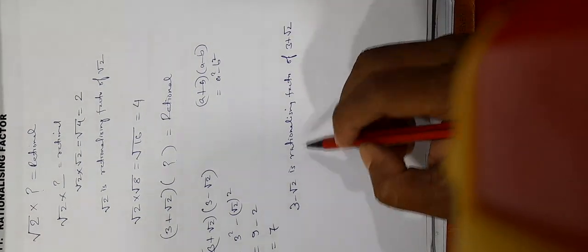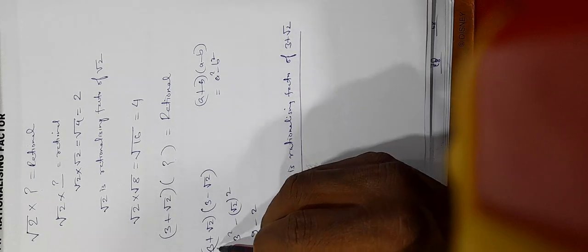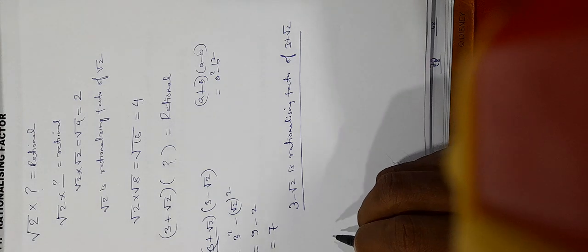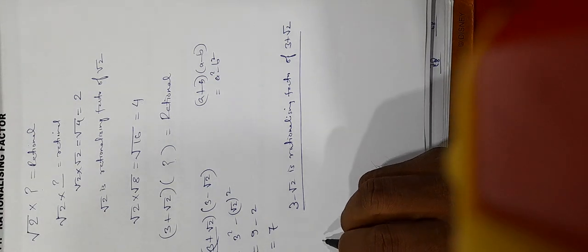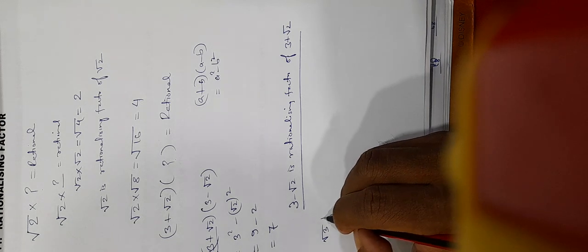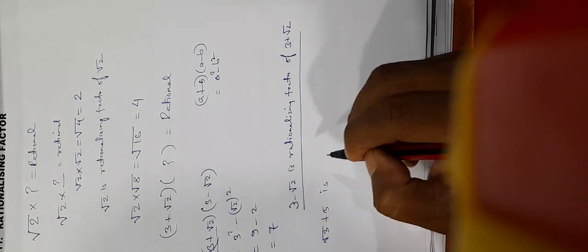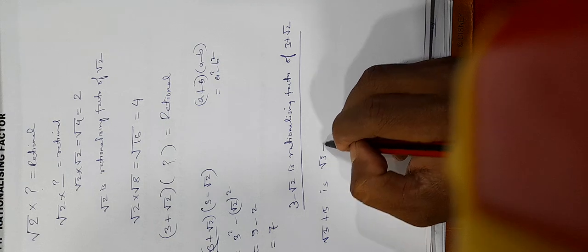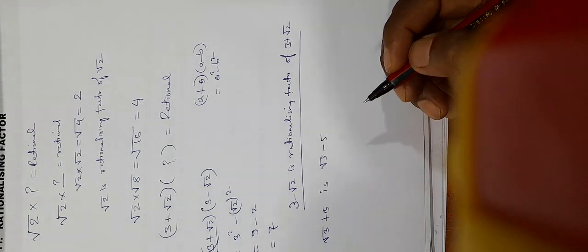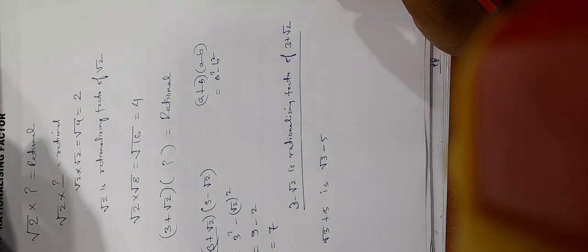Rationalizing factor of 3 plus square root of 2 is 3 minus square root of 2. Similarly, say for example, rationalizing factor of square root of 3 plus 5 is square root of 3 minus 5, right? I hope you understood these concepts.